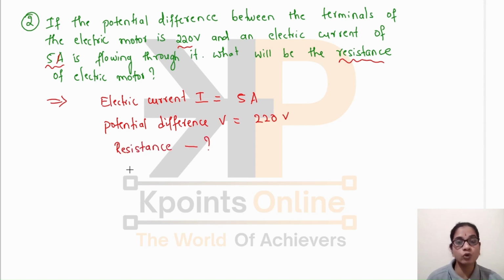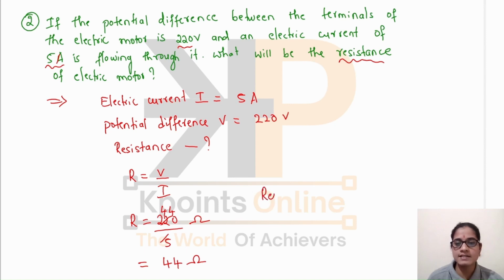We know that from Ohm's law, we have the formula R is equal to V upon I. So, substituting these values here, we get R is equal to 220 upon 5 ohm. 5 fours are 20, so 44 ohm.